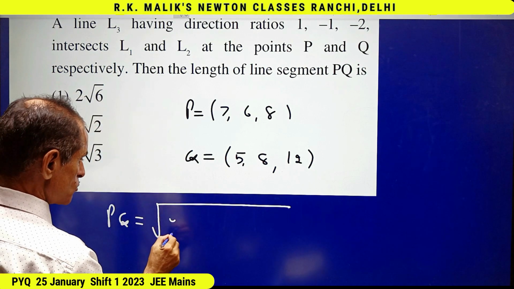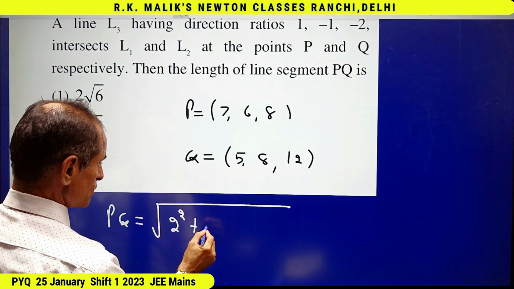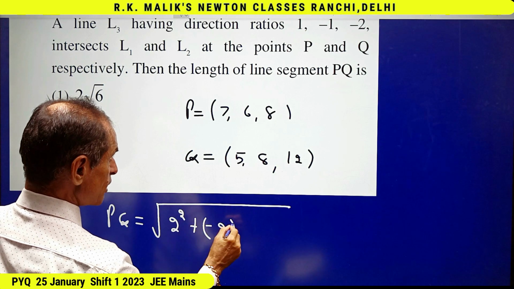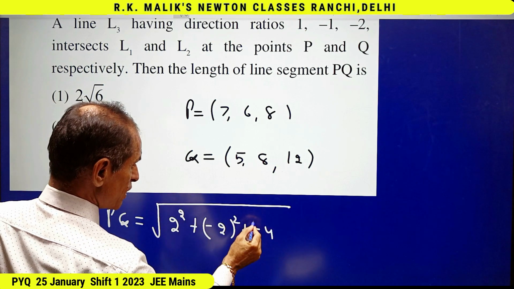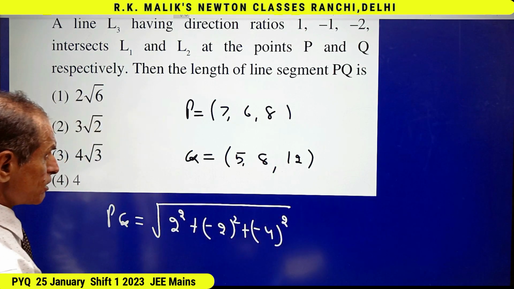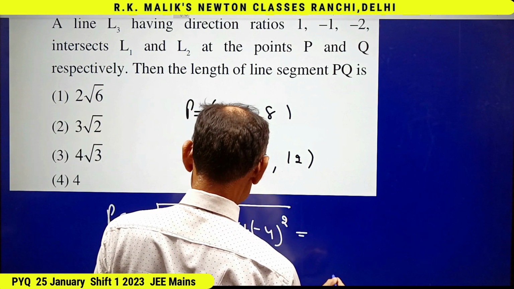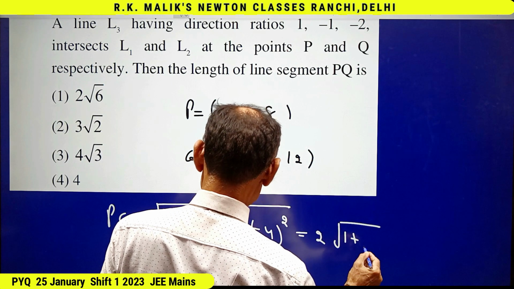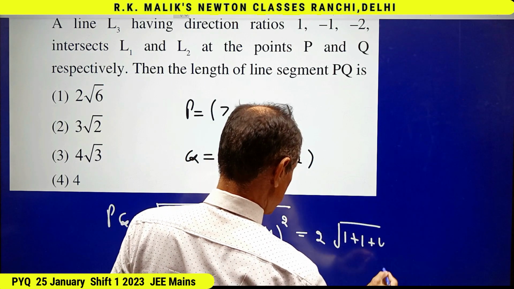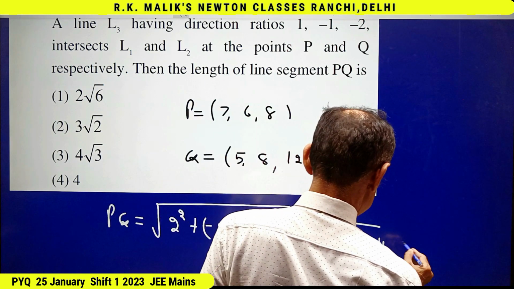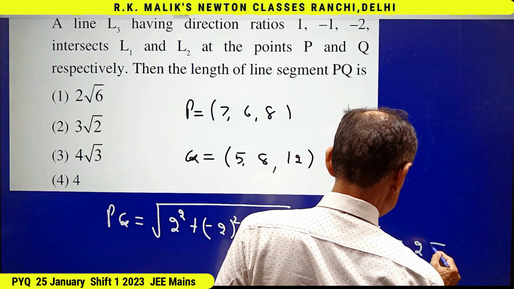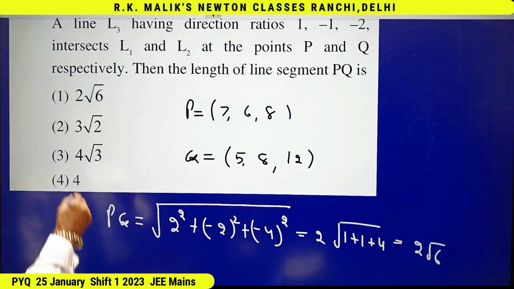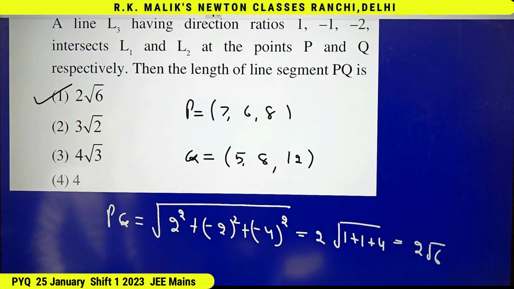This is the square root of 2 squared plus (minus 2) squared plus (minus 4) squared. That is 2 under root 1 plus 1 plus 4, that is 2 root 6. Hence I can say the first choice is the correct choice.